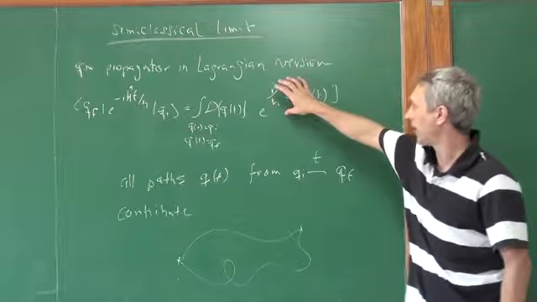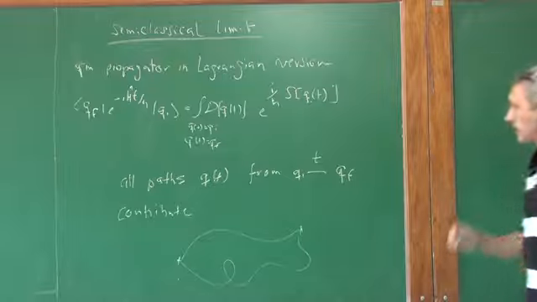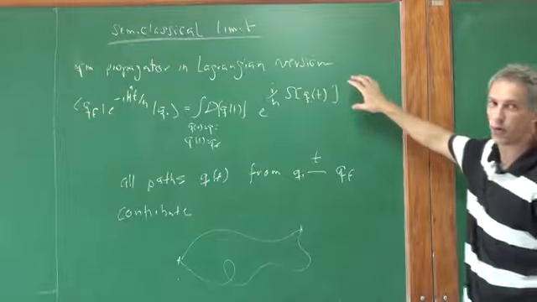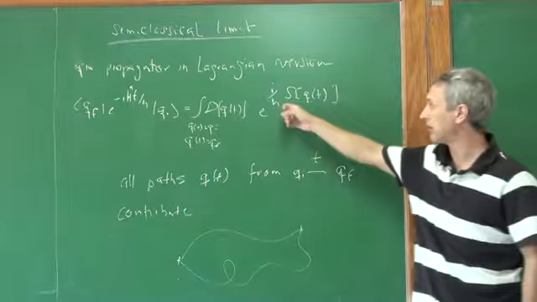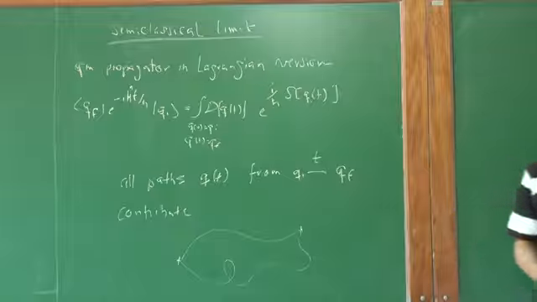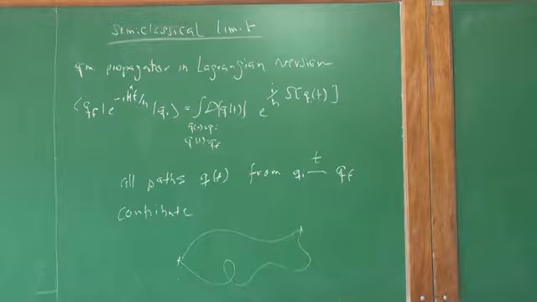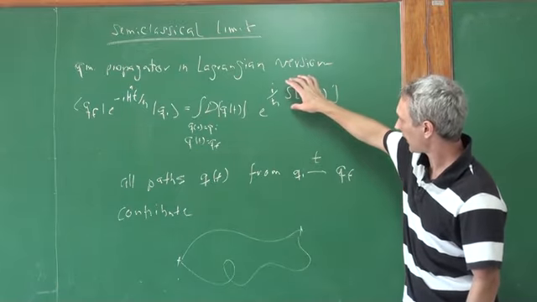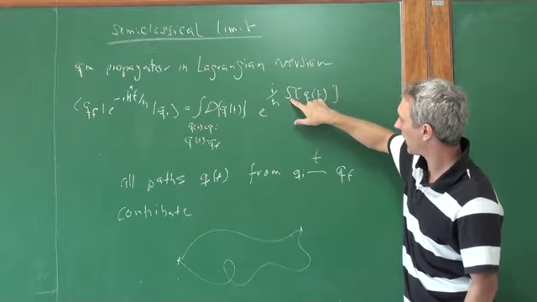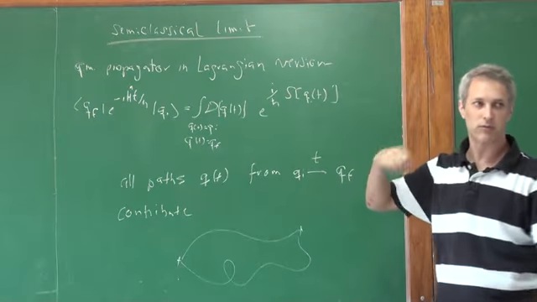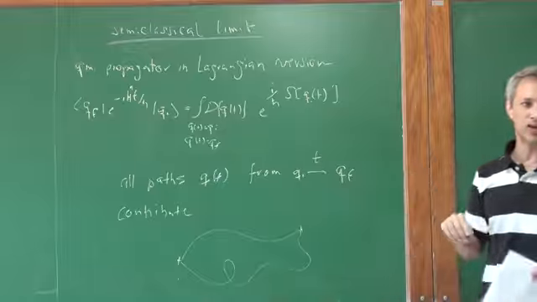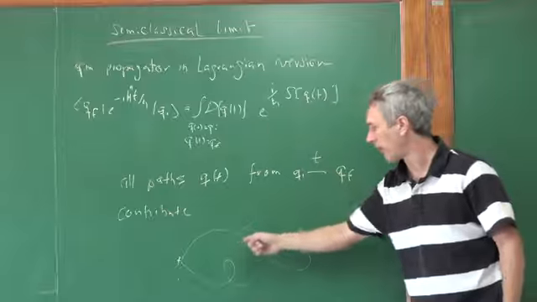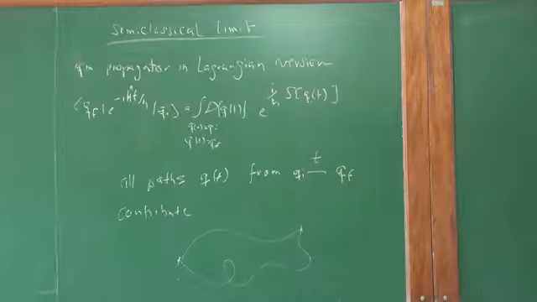So this can become a very large number, and we should somehow see that the classical world emerges. If we strictly set h bar to 0, classical physics should appear. So how do we see in this path integral that in the limit where this action is much larger than h bar, or the limit of sending h bar to 0, the classical paths are those which really only contribute?